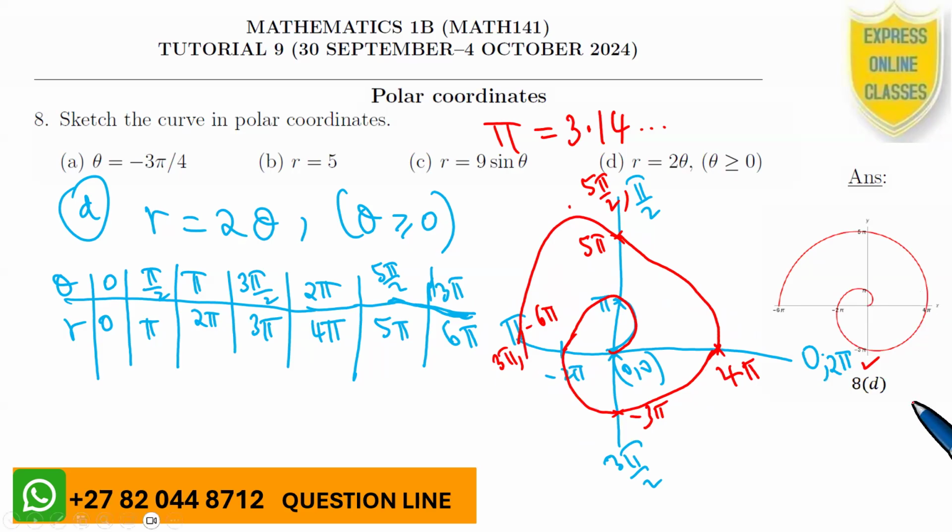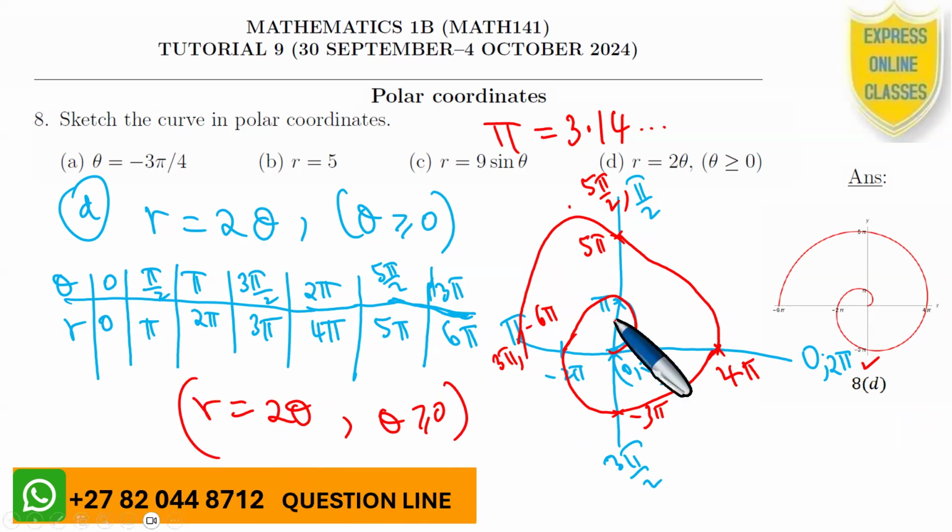So this is the diagram. Okay, so this is how you would sketch r equals theta, theta greater or equal to 0. This is how you would sketch it.